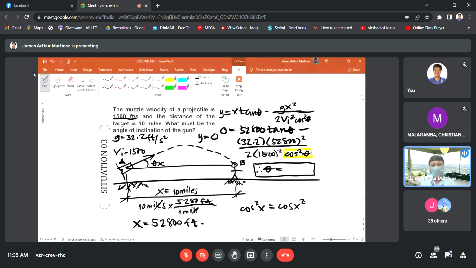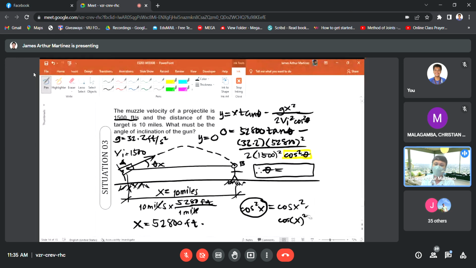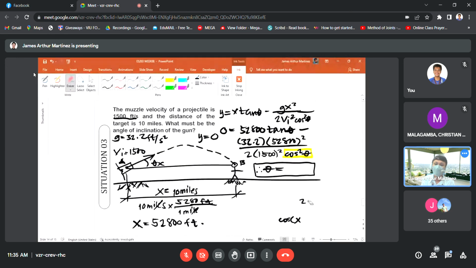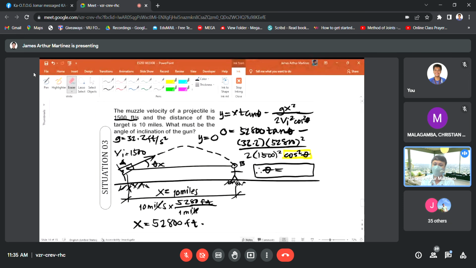So what you input in your calculator is cosine x squared. Then shift solve, and you obtain angle theta. So how much is angle theta?